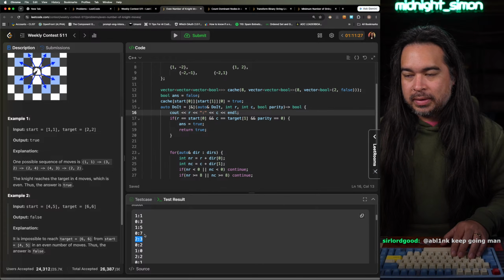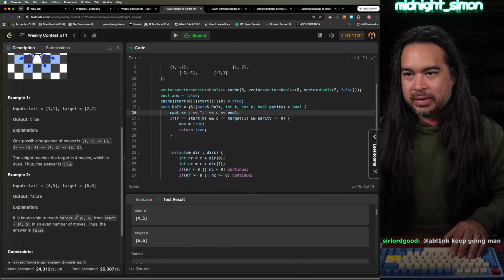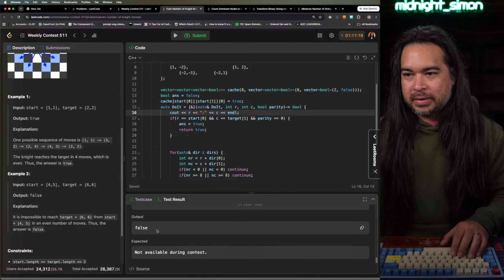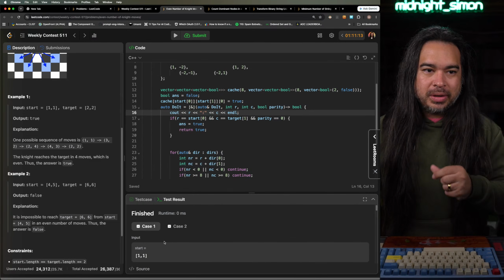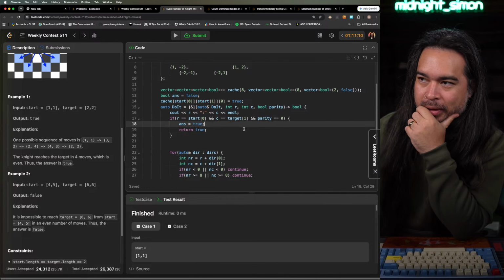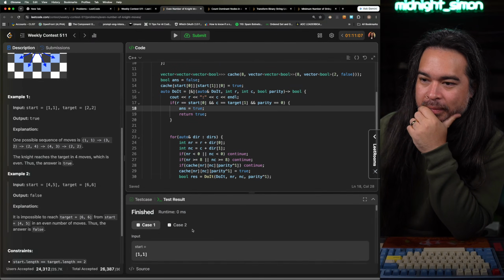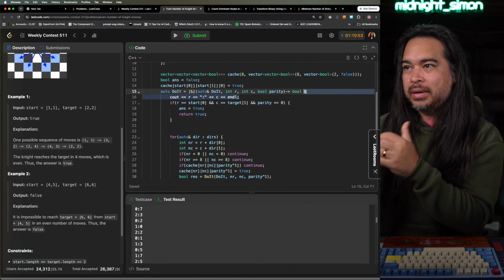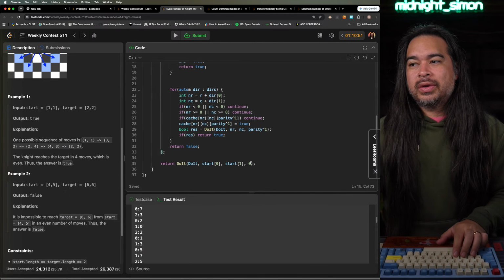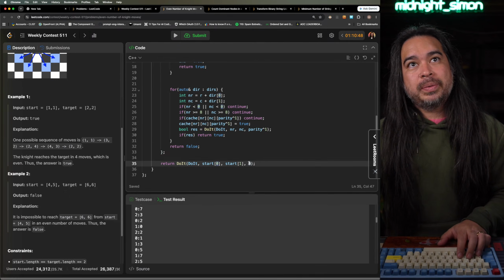Anyways, test case 2 says false, and I'm saying false there. I don't know how to debug what I'm doing wrong, man. But I'm clearly doing something wrong. Or when I hit this 2-2 parity, maybe this, oh, should we start at parity 0?